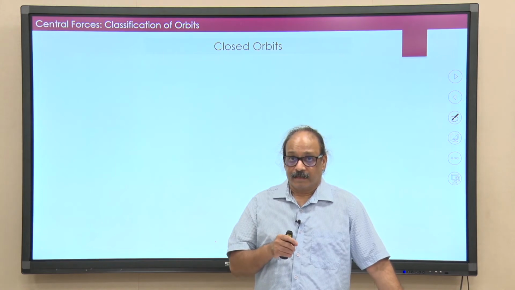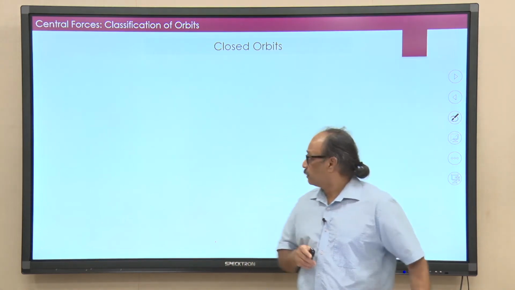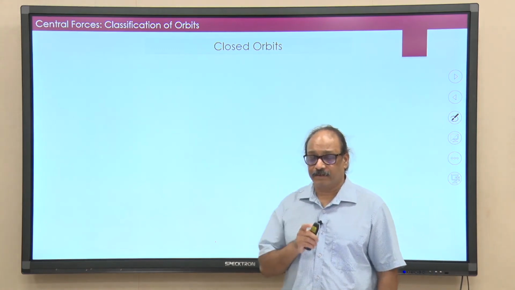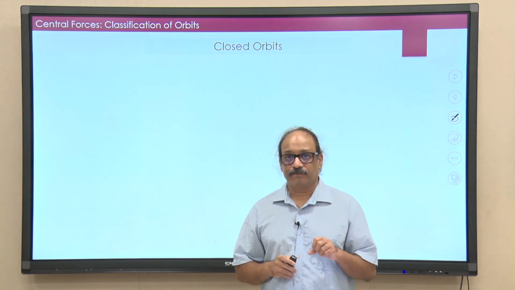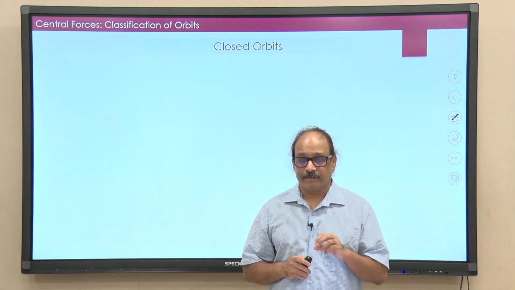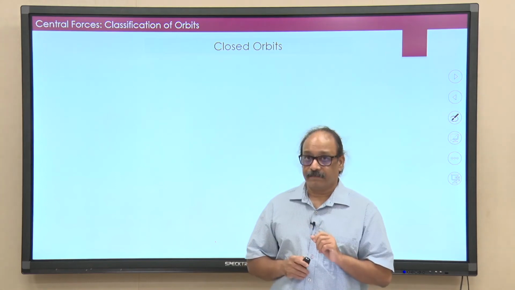The question is, are those orbits closed or not? And to find the answer to whether a central force will always have closed orbits or not, we will try and find out here.